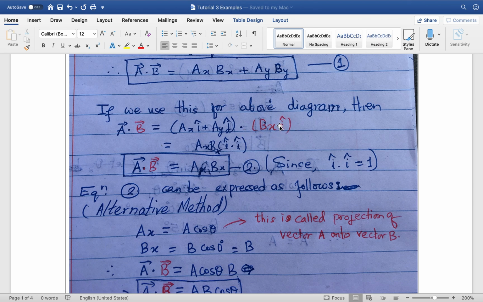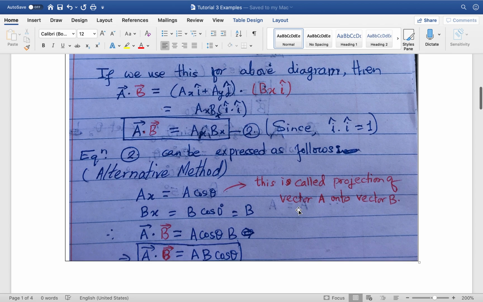Since vector b has only a component towards i hat, the j hat doesn't matter to us, so the only thing that survives is ax i hat dot bx i hat, and that gives us a dot b equal to ax bx.